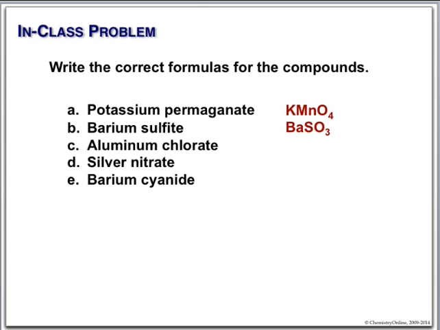These guys are -1. This is +3, so we need 3 of these. How do you show that? Just put our aluminum, and then we have our chlorate, and we put it in parentheses, and another subscript to indicate we have 3 chlorates.